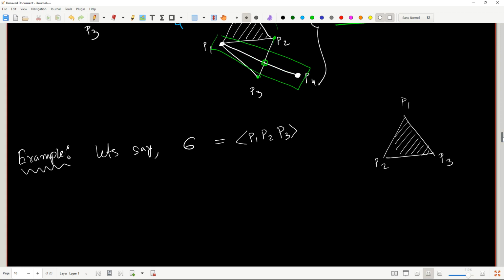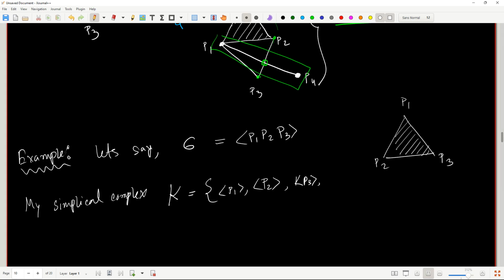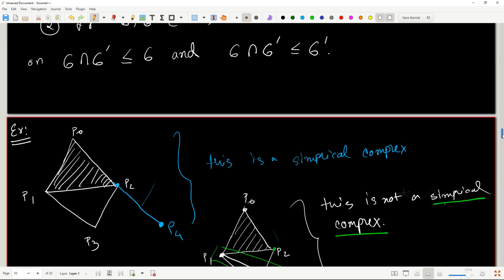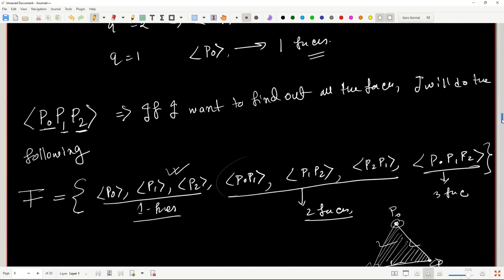Then my simplicial complex, the set K, is denoted by P1, P2, P3, P1P2, P2P3, P3P1, and since I filled it in, I'll also have the P1, P2, P3 face. And this is similar to something we showed earlier.